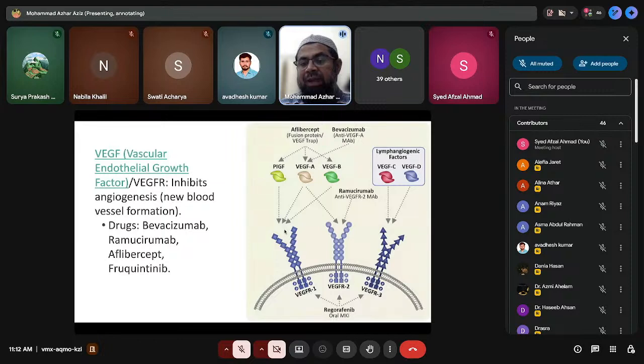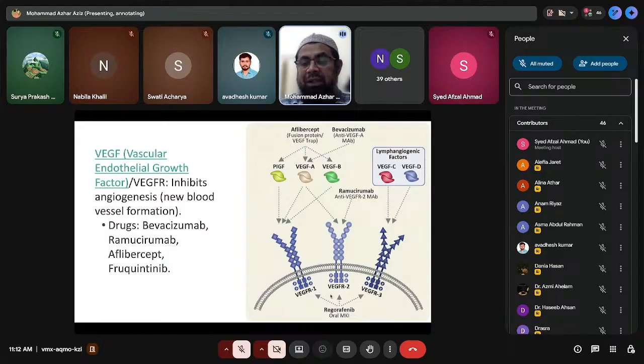They stop the ligands from binding so that the formation of new blood vessels is stopped, because the presumption is that once you stop the formation of new blood vessels, you can starve the tumor to death. They will not get any new blood supply or nutrients, and then they can die.